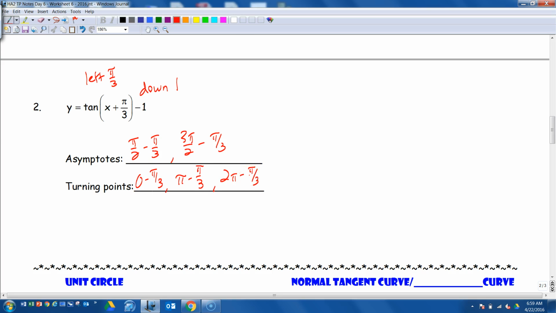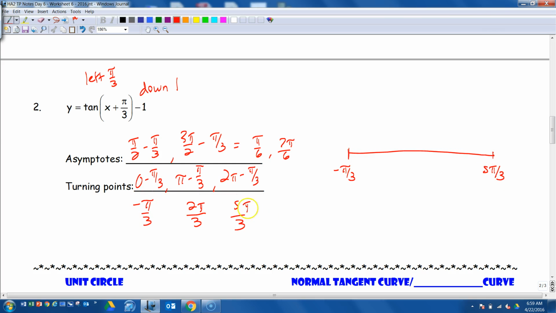Okay, so I do that. These two become pi over 6 and 7 pi over 6 for the asymptotes. Down here we get negative pi over 3, 2 pi over 3, and what is that, 5 pi over 3? So again, I just graph from negative pi over 3 to 5 pi over 3.